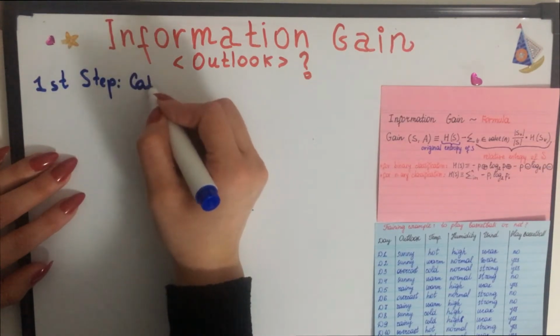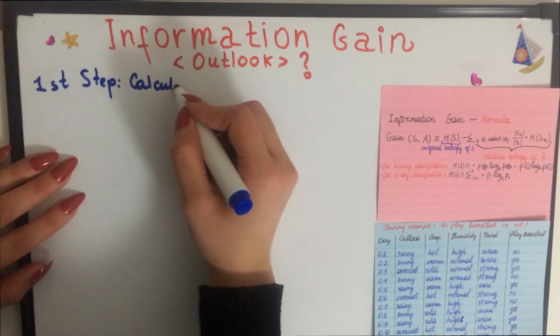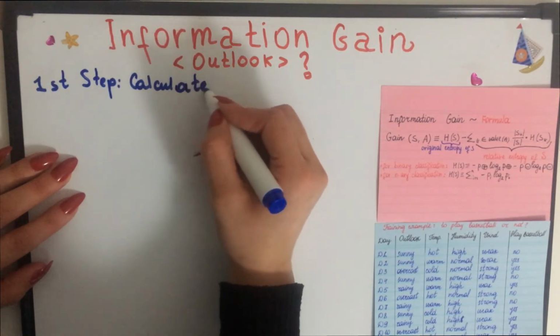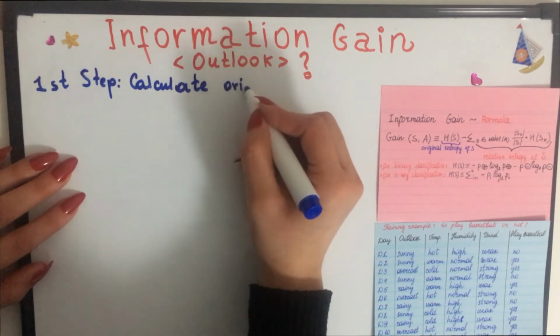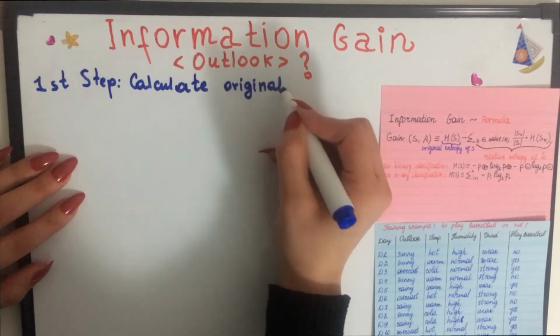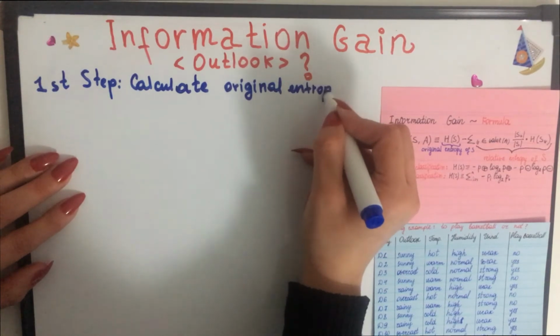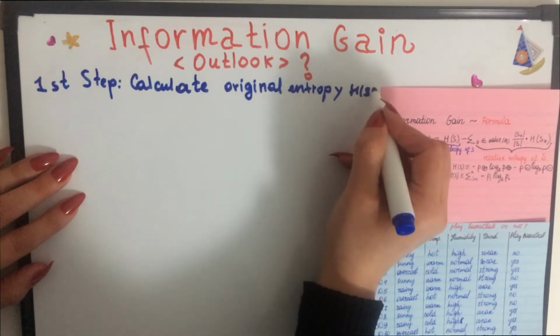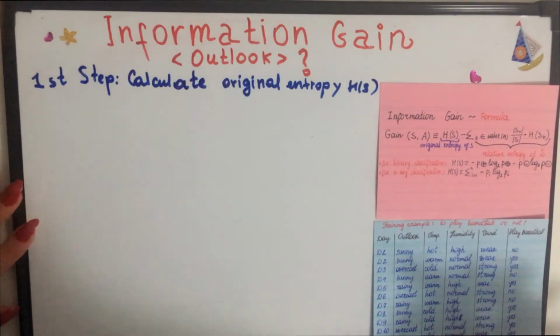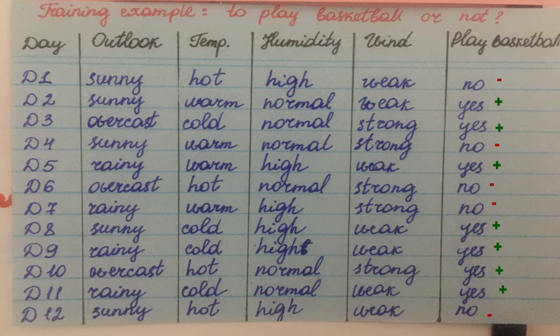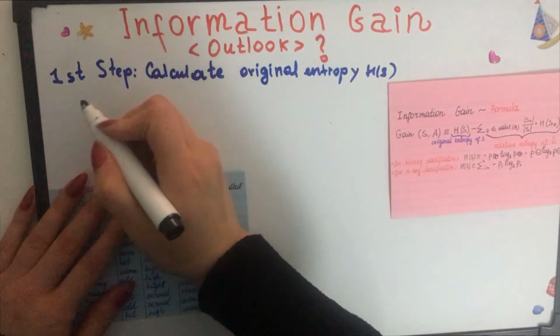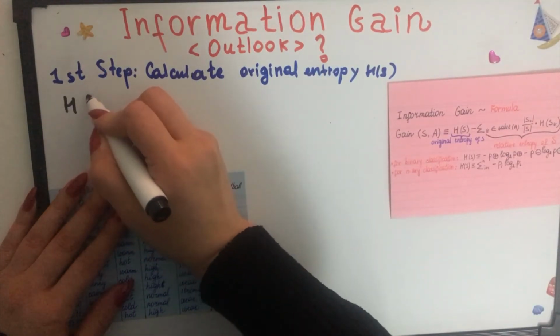So the first step of calculating an information gain is to calculate an original entropy H of S. In order to do it, we need to look at our training example table, and here you will see we have 5 no and 7 yeses.